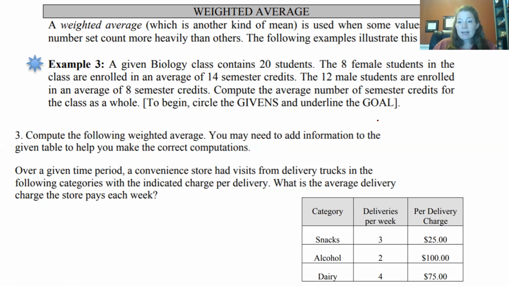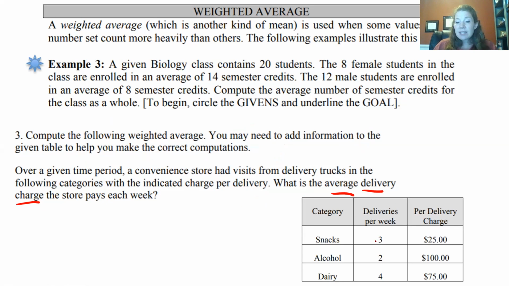So let's look at this example. Compute the following weighted average, just like this up here. You may need to add information to the given table to help you make the correct computations. Over a given time period, a convenience store had visits from delivery trucks in the following categories with the indicated charge per delivery. What is the average delivery charge the store pays per week?